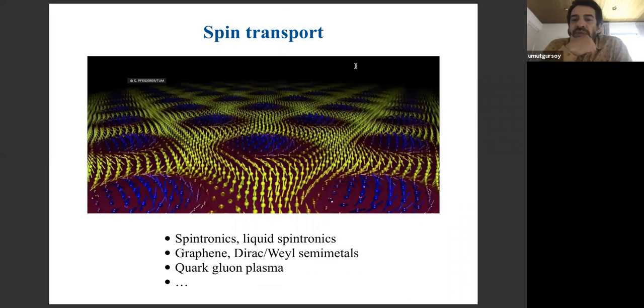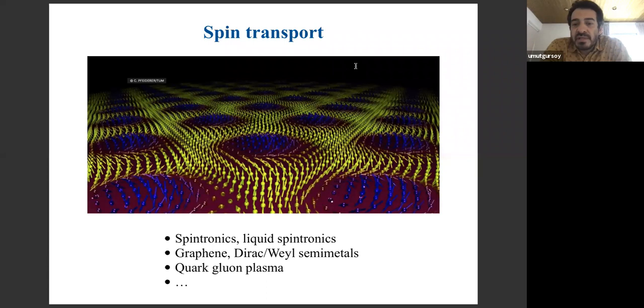Let me start. The main motivation is the transport of spin degrees of freedom in a strongly interacting system. This forms the basis of the research field called spintronics, as most of you know.